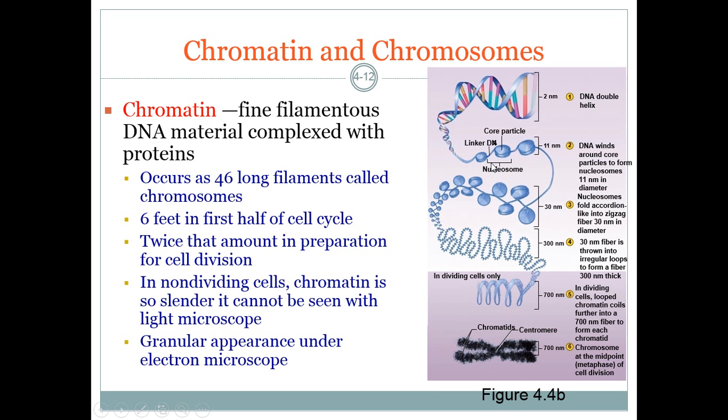Each nucleosome consists of a core particle, like this core particle, and a short segment of linker DNA. The core particle is a disc-shaped cluster of 8 proteins called histones, with the DNA wound around it like a ribbon around a spool.